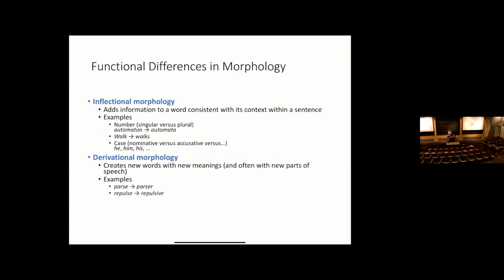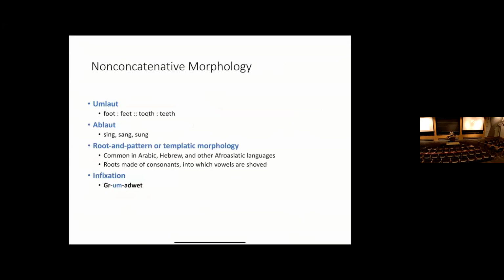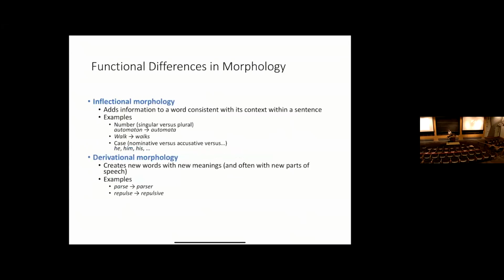But all of this is important: roots, affixes, non-concatenative morphology. But what is more important for NLP is understanding the difference in function between different kinds of morphology. So there is inflectional morphology and there is derivational morphology. And inflectional morphology adds information to a word that is consistent with its context in a sentence.